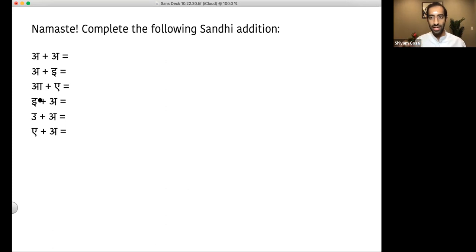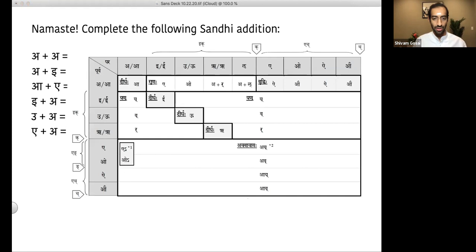A plus Ik gives us Guna. Guna is a name for three letters, A, E, O, right? So A plus I is E. A plus U is O. So you can see on the chart, right? A plus R is Ar.